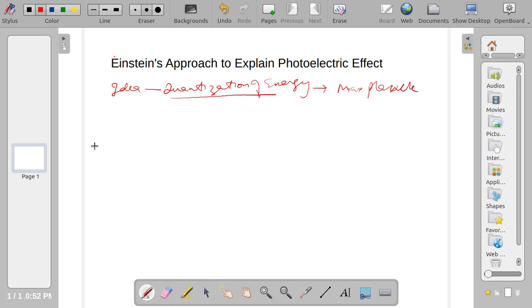So Einstein used it, and what Einstein assumed is that light is coming in the form of packets of energy.